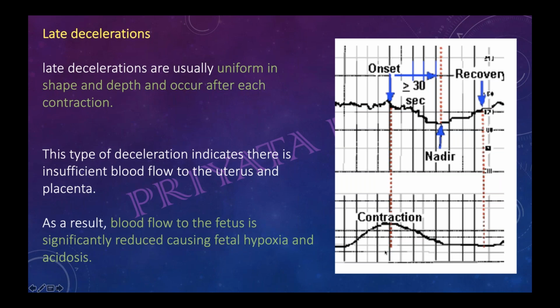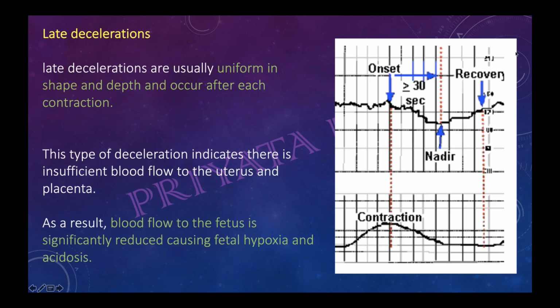Now see, late deceleration usually starts at the highest point of the contraction. So it will start after the contraction, and it will come to normal once the contraction passes off. So this is the contraction, and it started after that, and it comes to normal after the contraction is over.